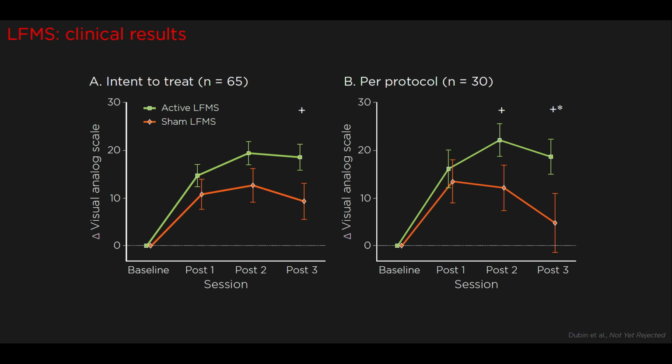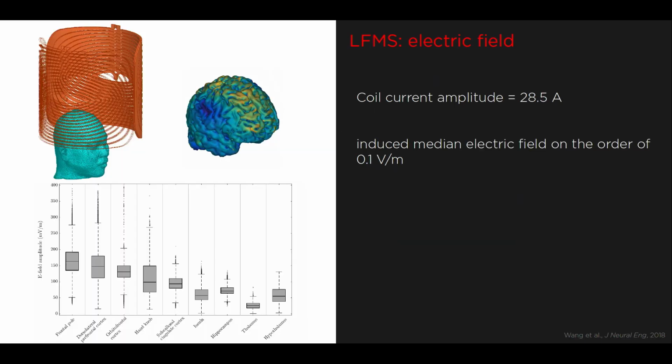In a trial that was conducted at Cornell University, this is the clinical results of using this low field magnetic stimulation in the intent to treat sample of 65 patients. There is a significant difference in the visual analog scale rating of mood after only 3 sessions of active stimulation compared to sham stimulation. The same pattern is observed in the per protocol patients.